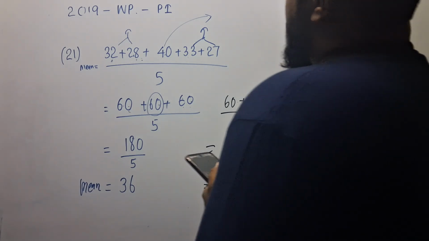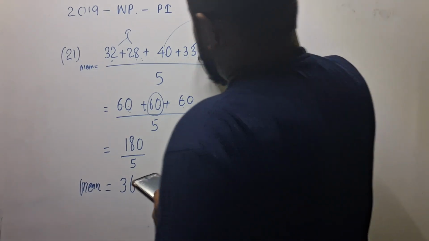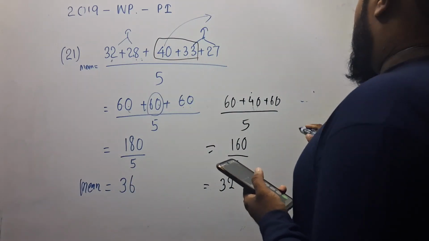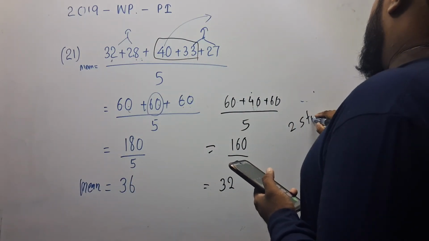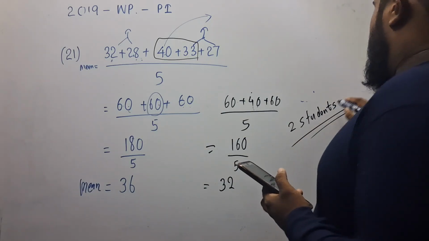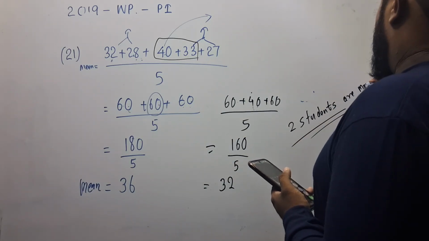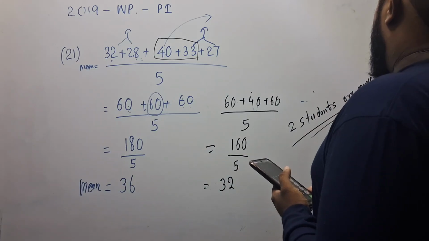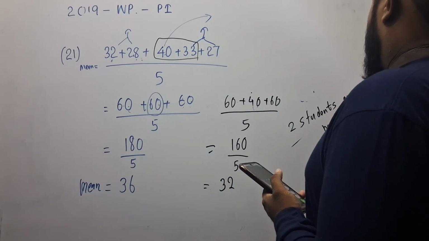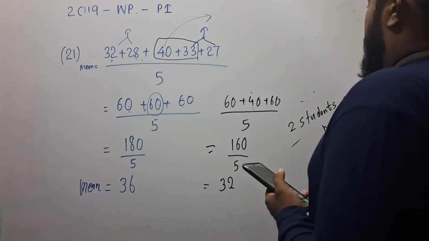So there are two children. The answer is two students are more than the mean weight. Okay, that's the answer.